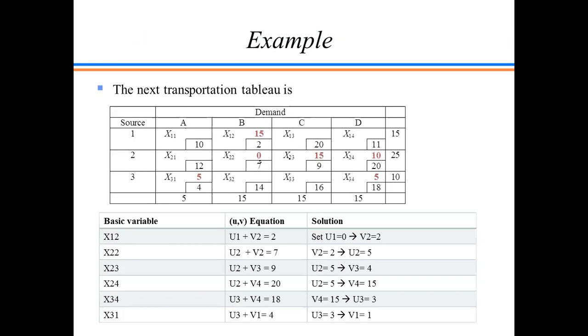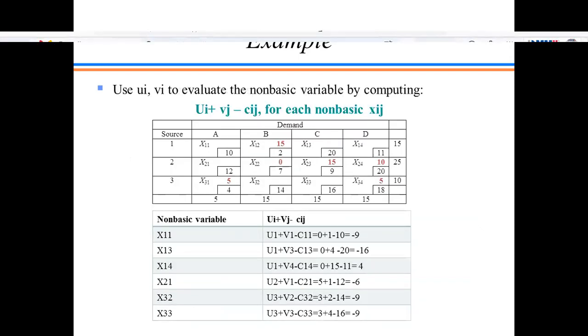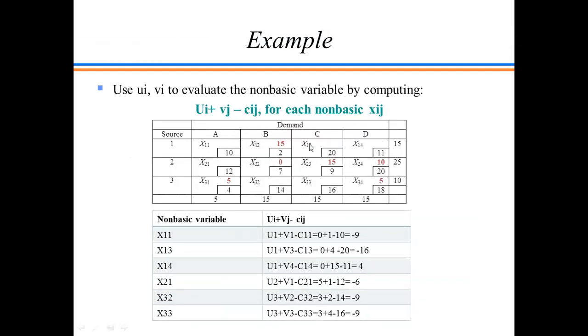And after that, we continue, we repeat again the process, calculate the non-basic variable by using formula of Ui plus Vj equal to Cij, and then get all the value of U and all the value of V. After we do it for the basic, then we continue with the non-basic. Don't forget the formula for non-basic is Ui plus Vj minus Cij.